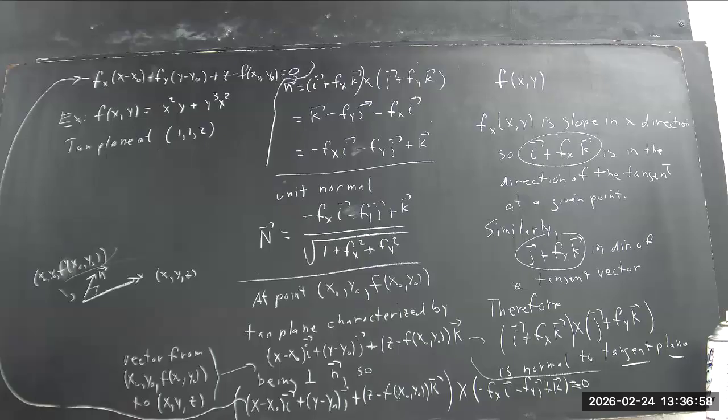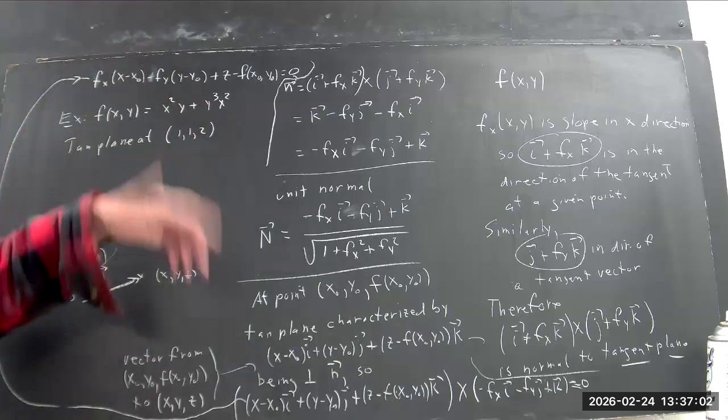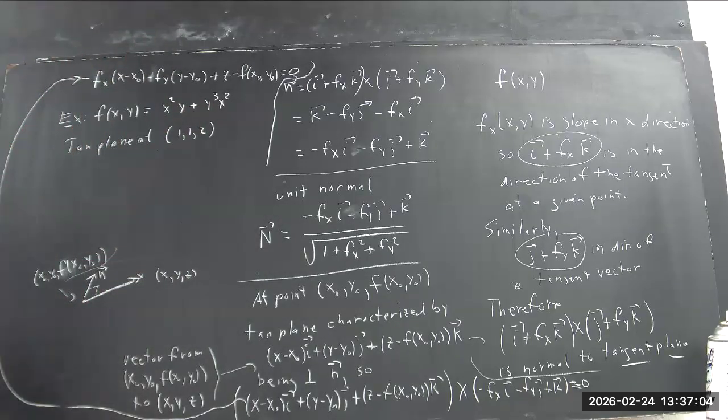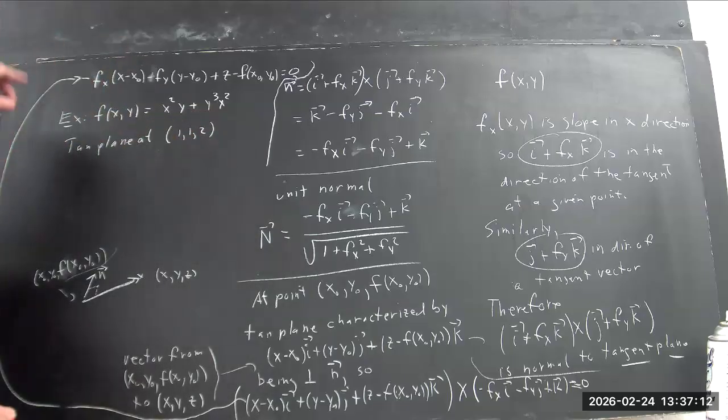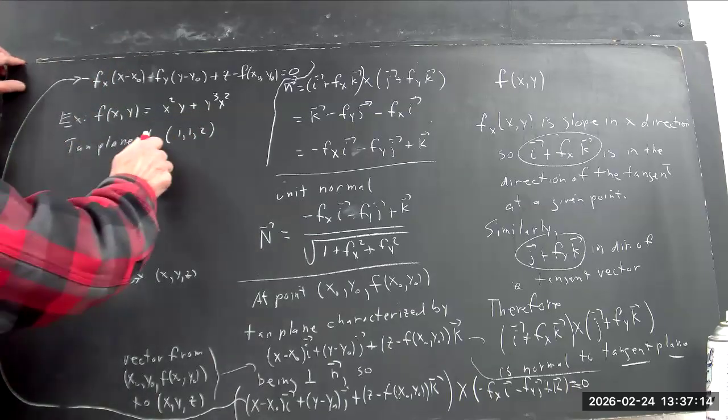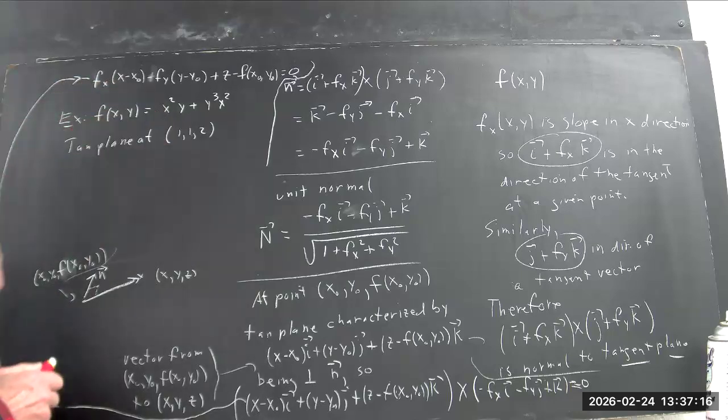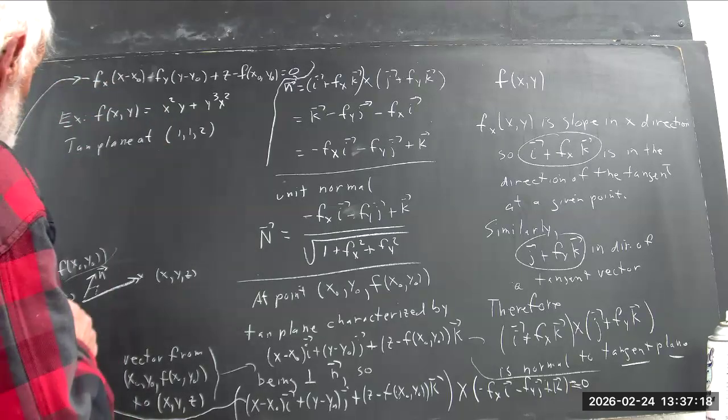Okay. Each term is one because each variable is one, right? Just raised to the power, no coefficients. And then when we add 1 and 1, we get 2. So the point 1, 1, 2 lies on the graph of this function. And that hopefully is obvious.